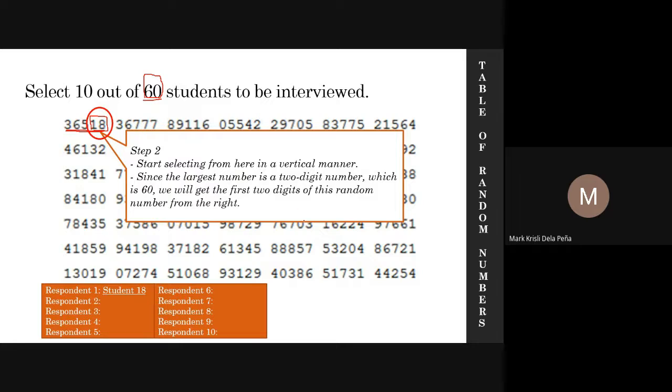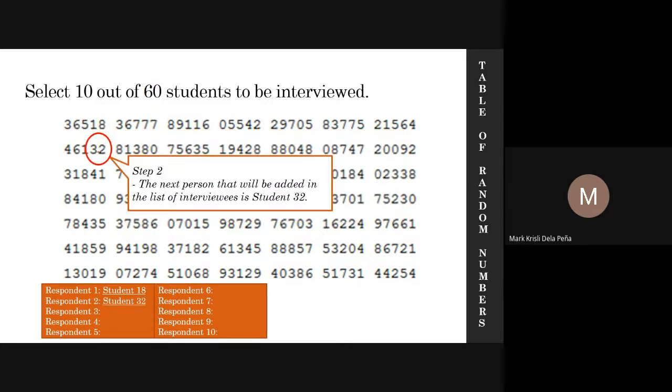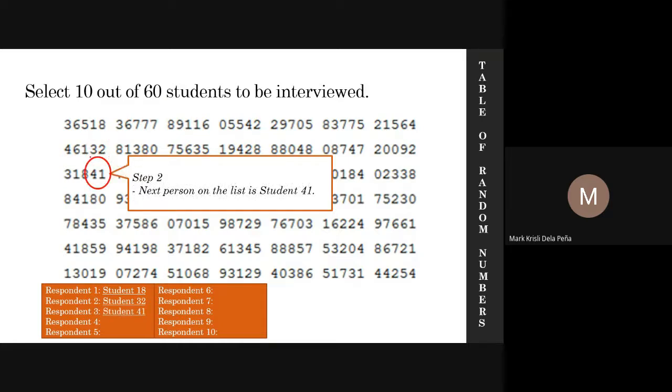Then I will proceed to the next number. Again, we only read the first 2 digits starting from the right, since our largest number is 60, which is also a 2-digit number. Here we have 32, so the 32nd student on your list will be your second respondent, followed by the 41st student, which will be our third respondent.